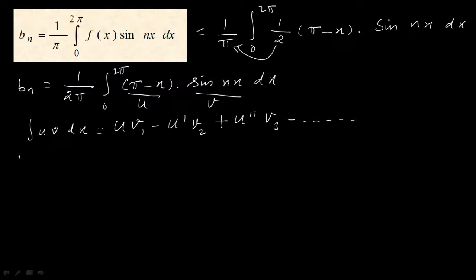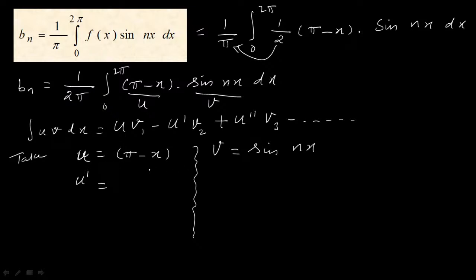So if you take u is equal to pi minus x and v is equal to sin nx, let me see what derivatives and integrals we are going to get.